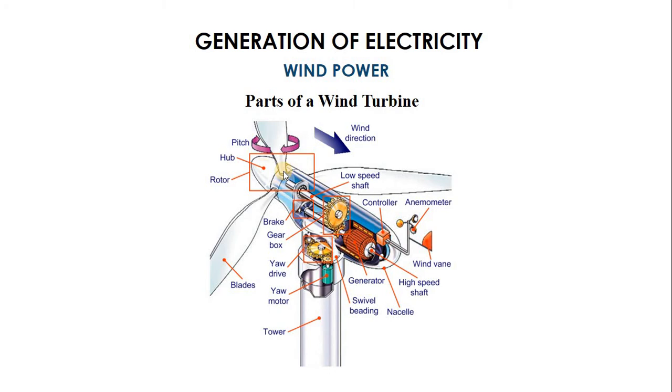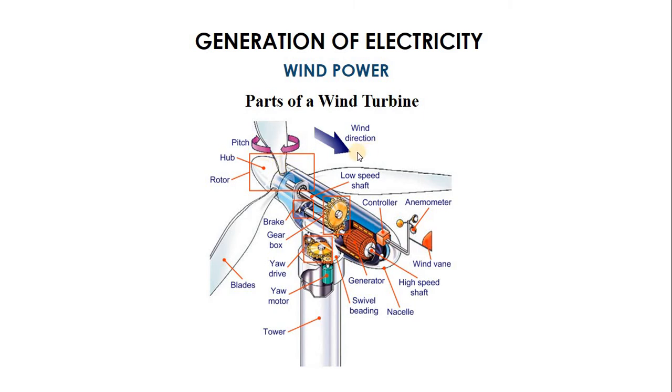But if it's a variable pitch, it means that the angle at which the turbine blades are mounted on the hubs can be changed. And it is necessary for you to be able to change the pitch for something I'll be telling you later.